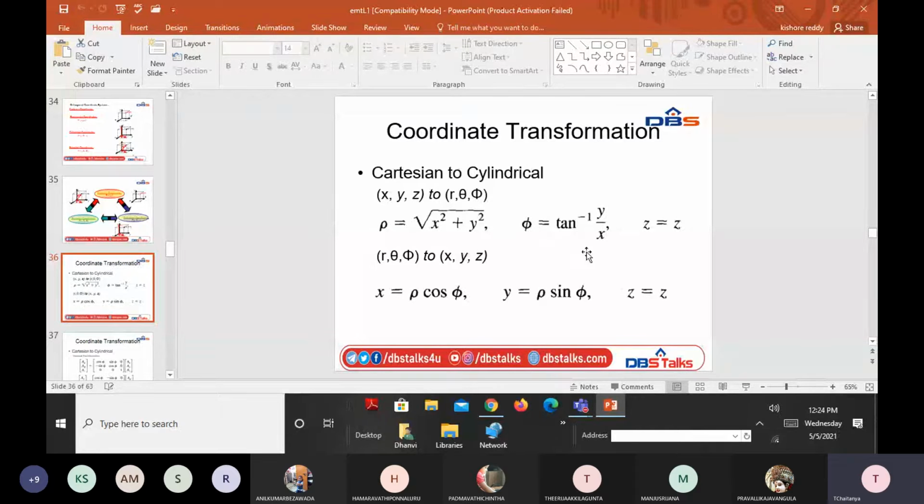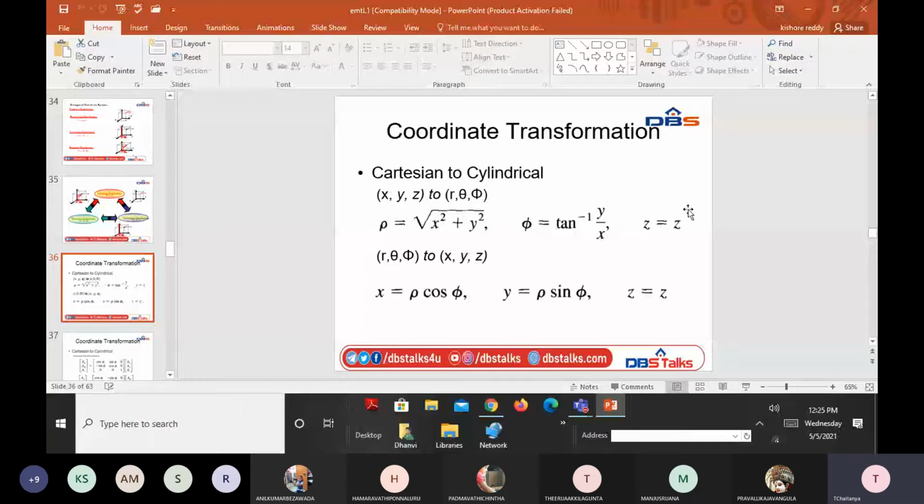The cylindrical point representation is rho comma phi comma z. So these are the values I can get with the help of x comma y comma z, the Cartesian coordinates: the radius of the cylinder, the azimuthal angle, and the z-axis. This is the relation.